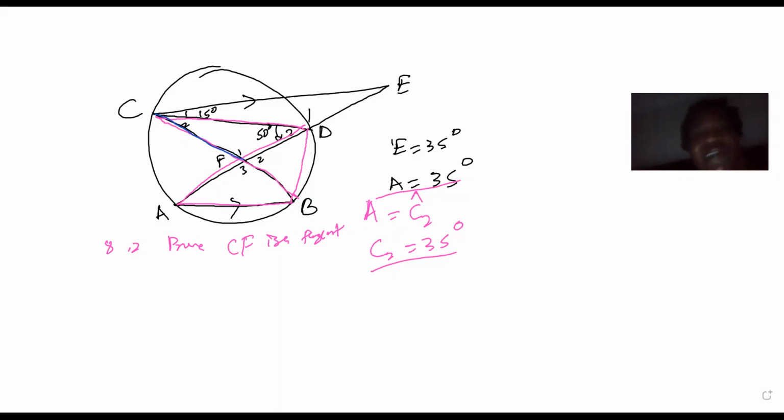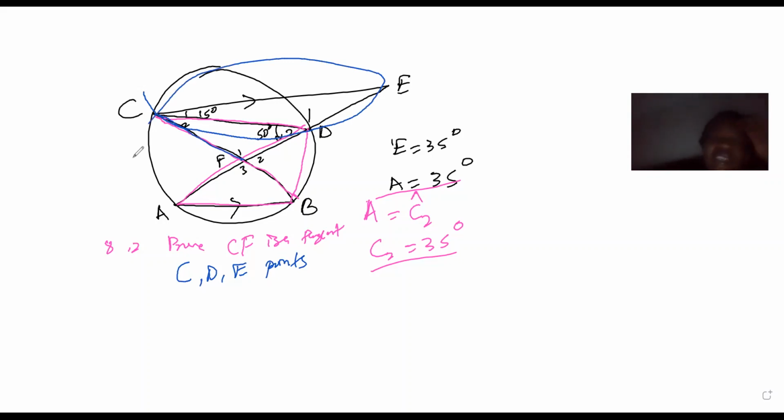Prove with a reason that CF is a tangent to a circle passing through points C, D, and E. So we are proving that this is a tangent of the circle that is through C, D, and E. Some funny circle that we don't know about, but that's what we are trying to prove.